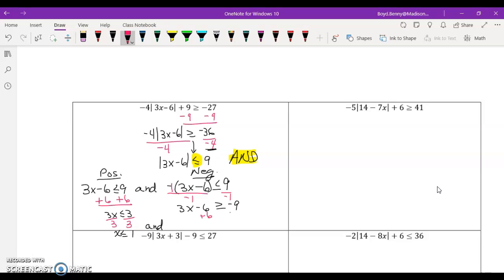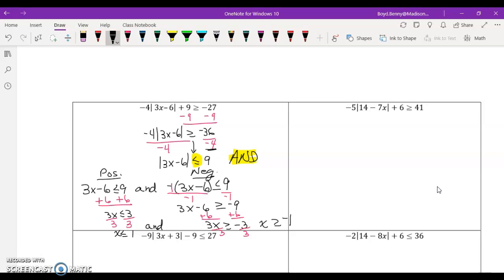So I'll add 6 to both sides. That leaves me with 3x is greater than or equal to negative 3. And then here I'll divide by 3 again. And that's going to leave me with x is greater than or equal to negative 1.